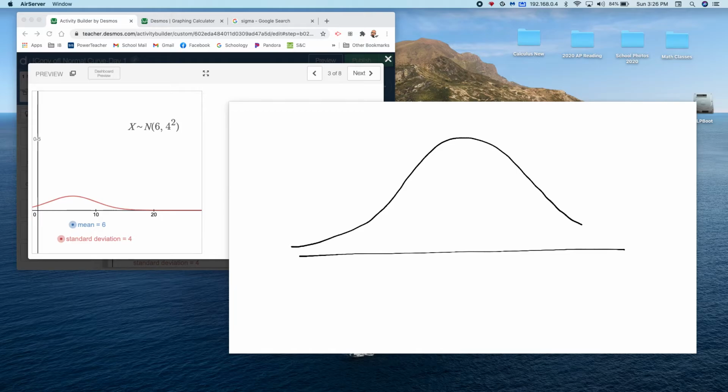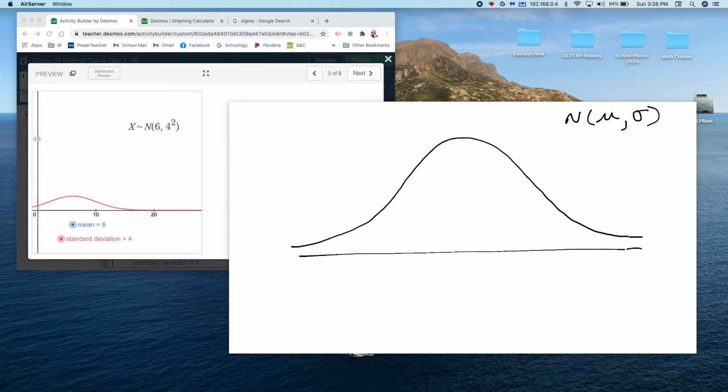So this would be N, and I'd have the mean and standard deviation. You always want to describe a diagram like that. You really want to have this label up here. It tells the reader that this is a normal curve, and what the mean and the standard deviation are.